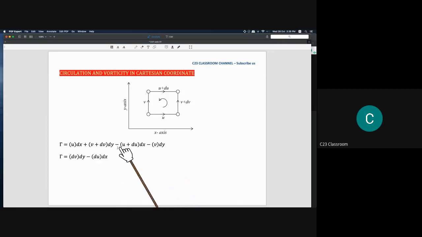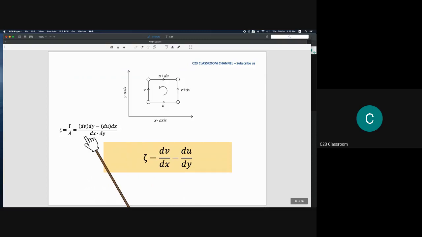If we simplify all of these terms, we get gamma equals dv/dx minus du/dy times dx dy. To get zeta, the vorticity, we divide by its own area, dx times dy, and then we get zeta equals dv over dx minus du over dy.